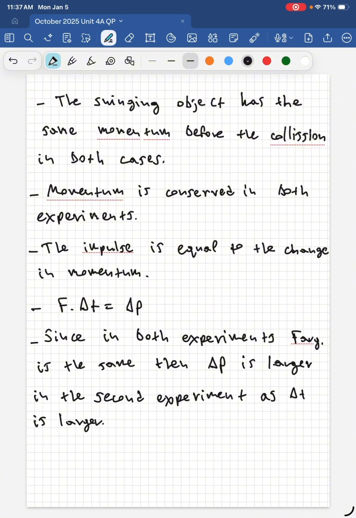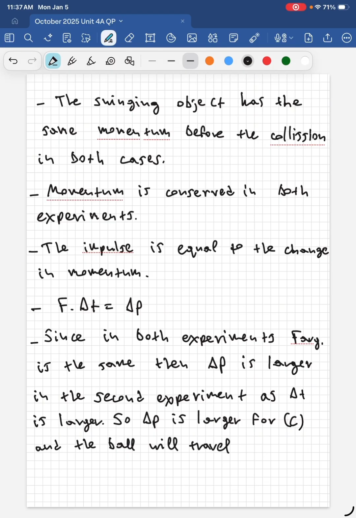So delta P is larger for C, I mean the situation C, and the ball will travel the farthest. And that's the answer. Okay.